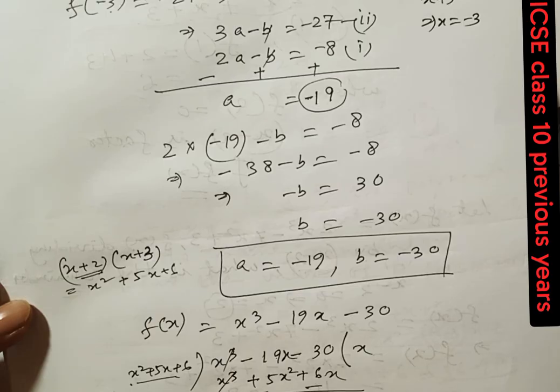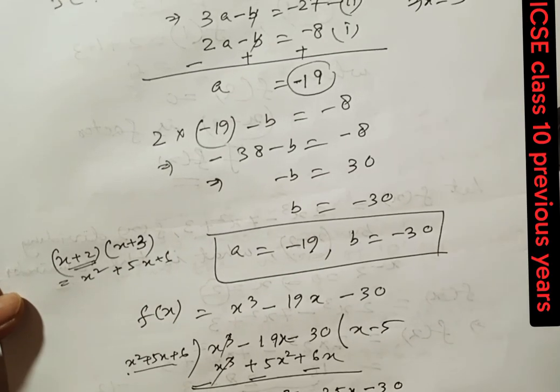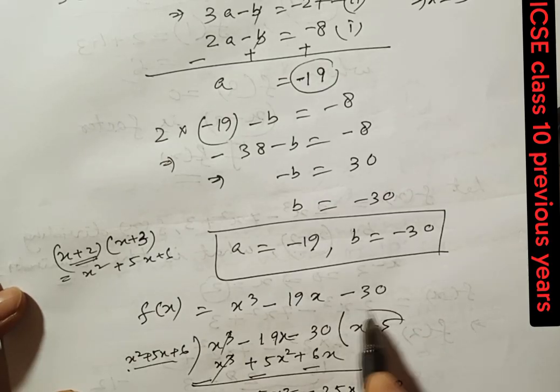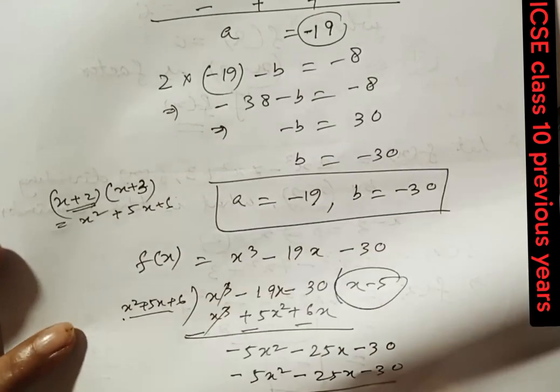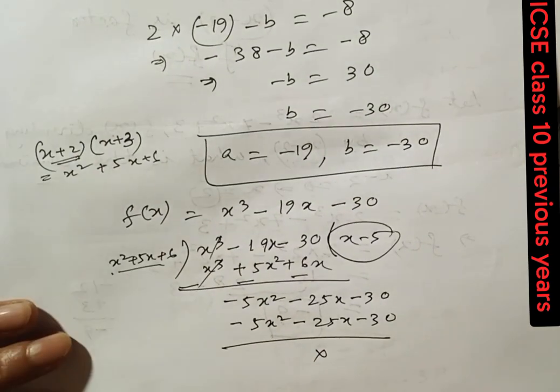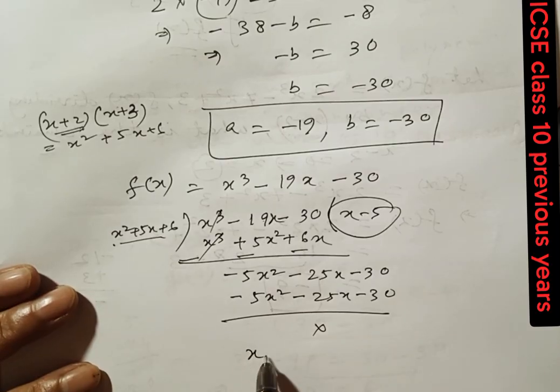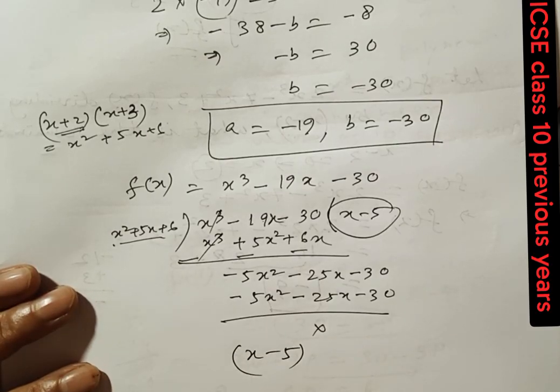So this is multiplied by minus 5. Here we get minus 5x square minus 25x minus 30. So the remainder is 0. So x minus 5 is another factor.